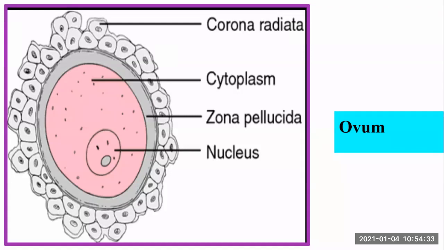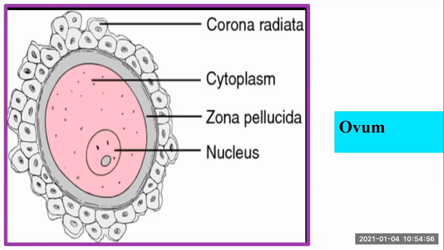So what is corona radiata? It is the innermost layer of the cell, which provides vital proteins. Then the zona pellucida is a thick, transparent membrane which surrounds the mammalian ovum.